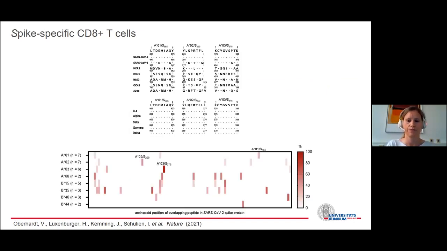And the responses that we detected are part of a much broader overall spike-specific CD8 T cell response that is induced after mRNA vaccination by the BioNTech Pfizer vaccine. But they also represent responses that are dominant, as you can see here for the A1 restricted, the A3 restricted, and the A2 restricted CD8 T cells.